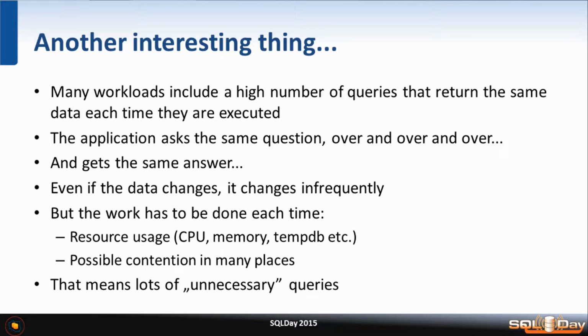So it's resource usage and possible contention in many places, because that select star from, unless it's executed with no lock, or even if it's executed with no lock, can block because someone else is doing something against that table. So I have this insert or update running against that table, and then your select that should be done in no time flat all of a sudden blocks and waits for me to finish. And all kinds of problems start with that.